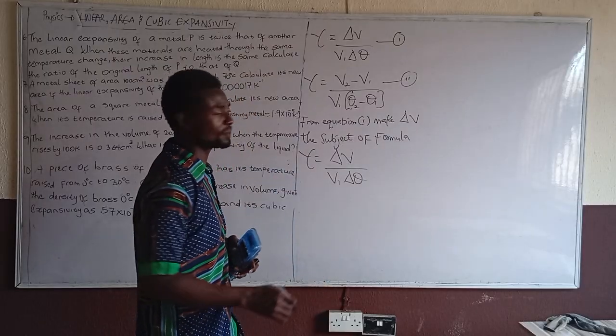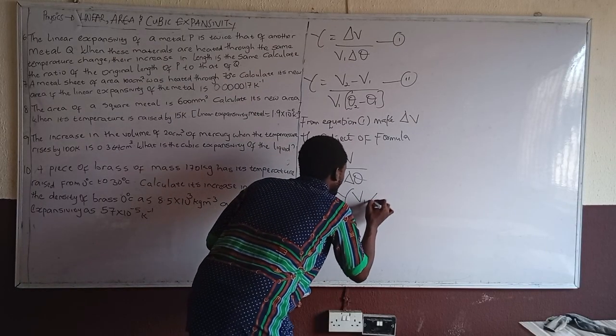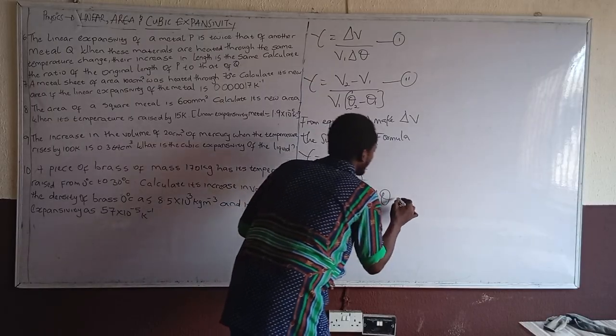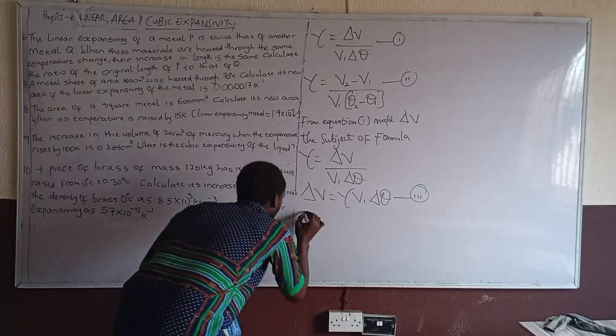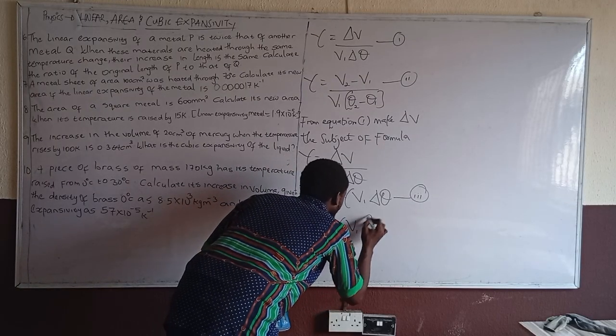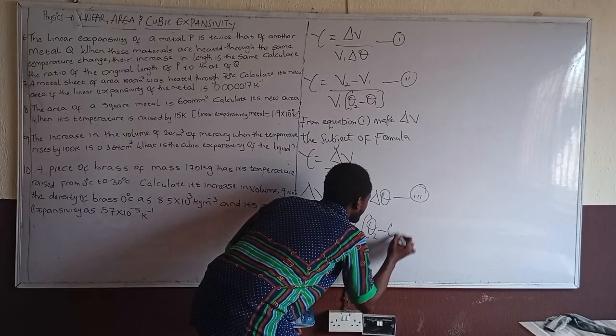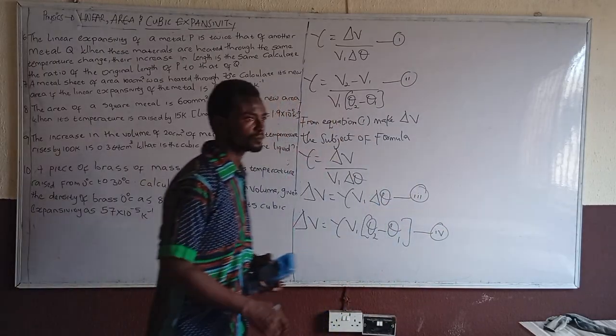Making delta V the subject, delta V becomes gamma V1 delta theta. I'll call this equation 3. Then from there, delta V becomes gamma V1 (theta 2 minus theta 1). I'll call this equation 4.